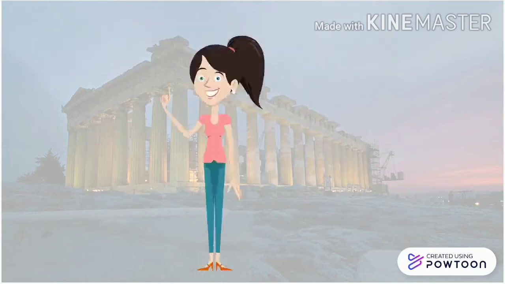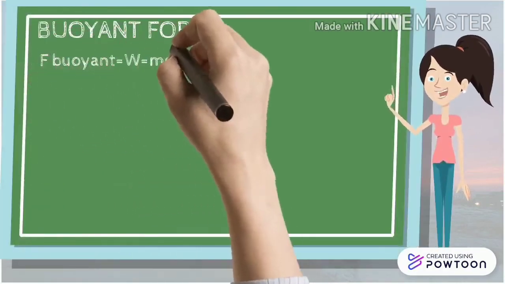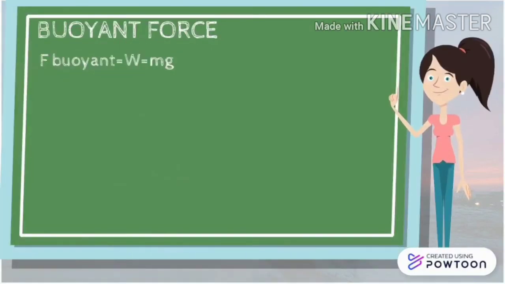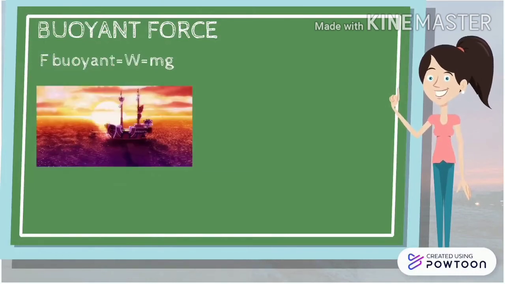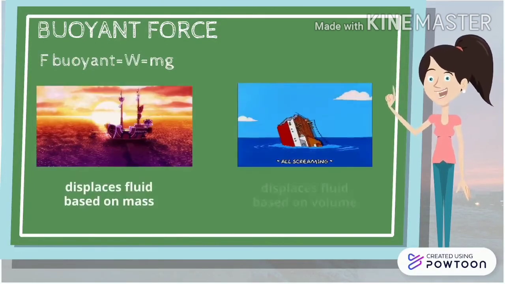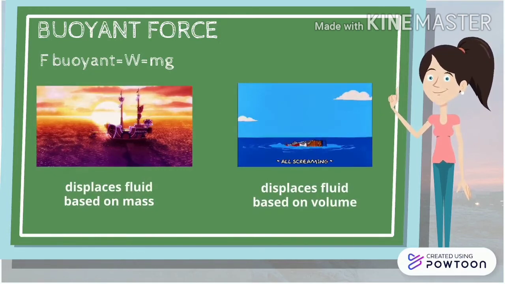In this way, the buoyant force can be expressed as the gravitational force of the displaced fluid, which is equal to the mass of the displaced fluid times acceleration due to gravity. A floating object displaces fluid based on its mass, whereas a sinking object displaces fluid based on its volume.